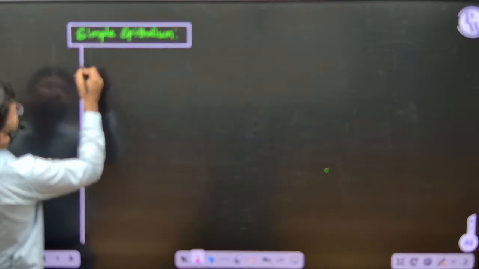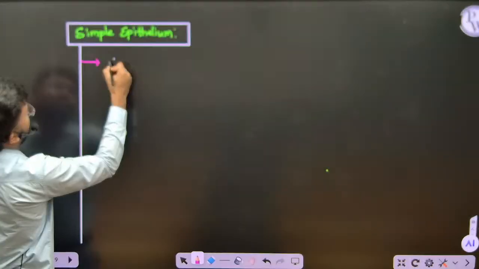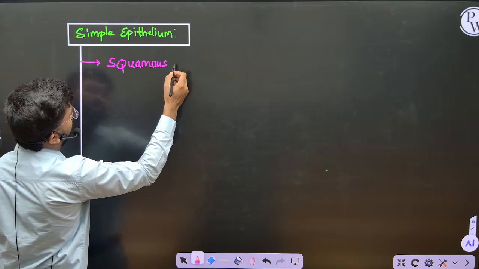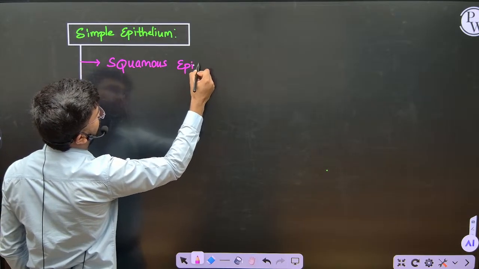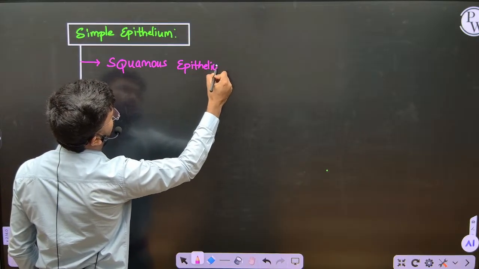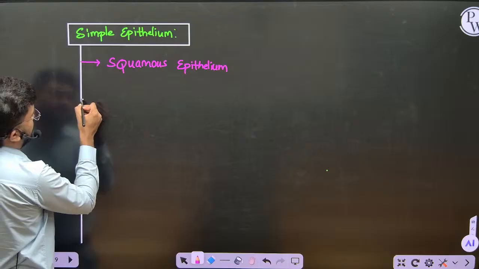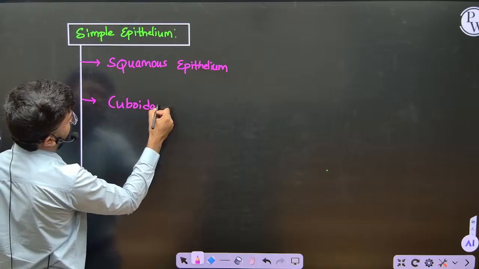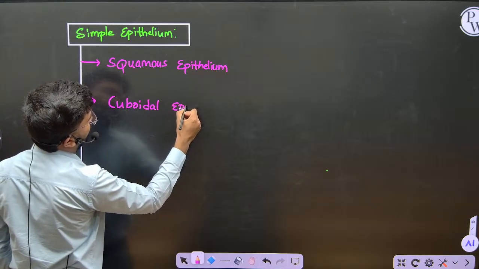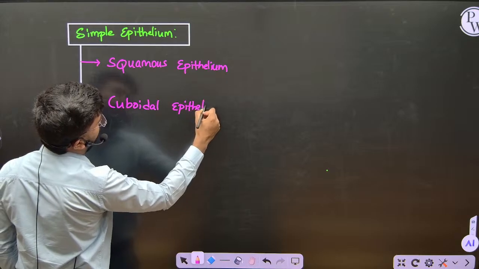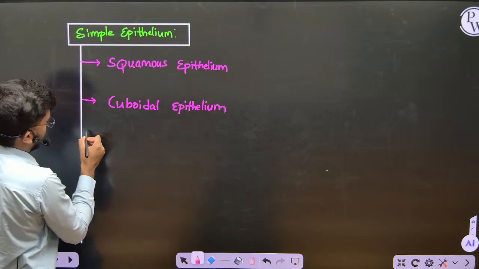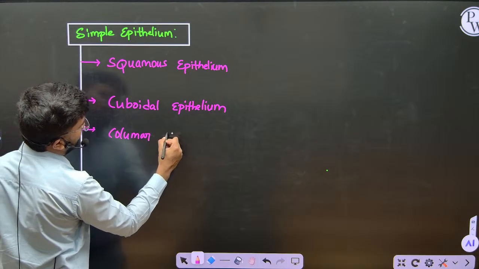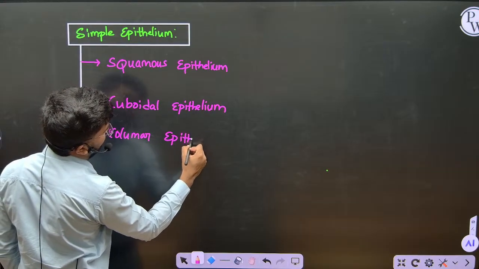First one under simple epithelium is squamous epithelium. Second type is cuboidal epithelium. Third one is columnar epithelium.